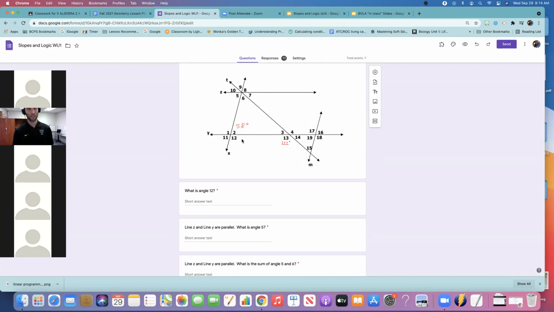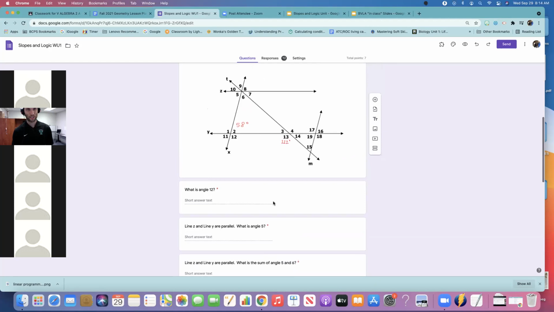So that means that angle 11 and 5 are corresponding, or you can say 2 and 5 are alternate interior angles. Alternate interior angles are congruent, right? So both these are 58. Or you can say 11 and 2 are vertical, so they're congruent, and 11 and 5 are corresponding, so they're congruent.